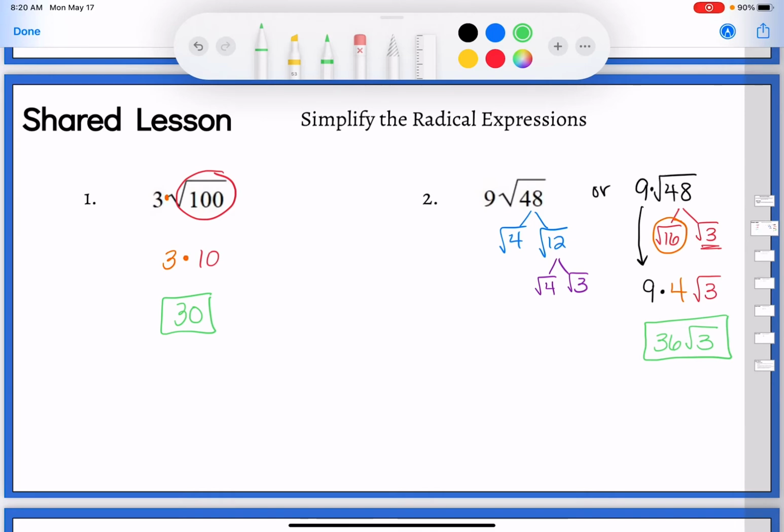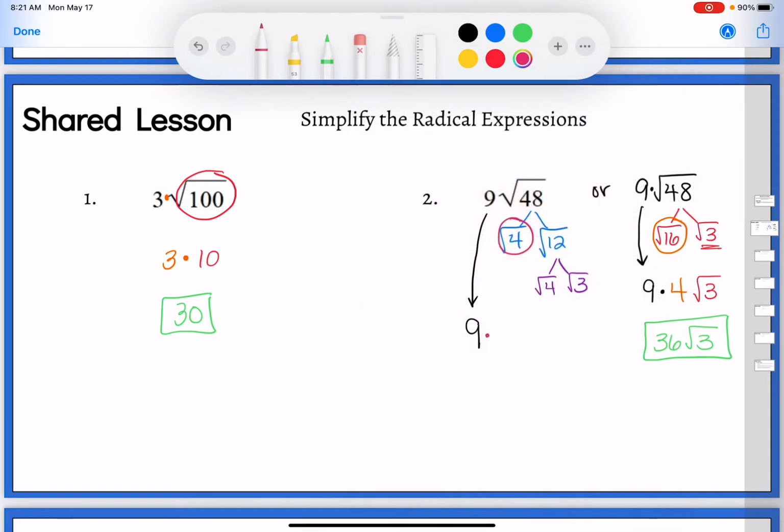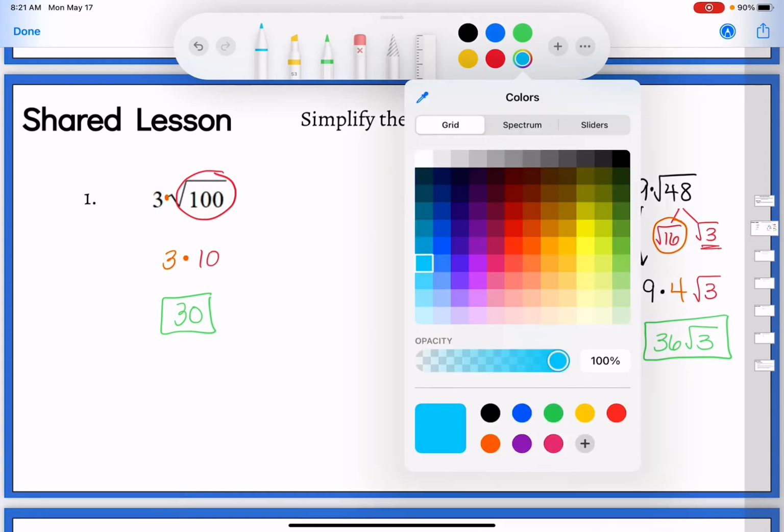Now, if I look over here on this longer way that I started with, the one that probably jumped out at you first, I see that the square root of 4 is a perfect square from this one, right? So I'll bring down my 9. That first square root of 4 in the blue is going to turn into a 2. And then I'm going to have another square root of 4 here, which is also going to turn into a 2.